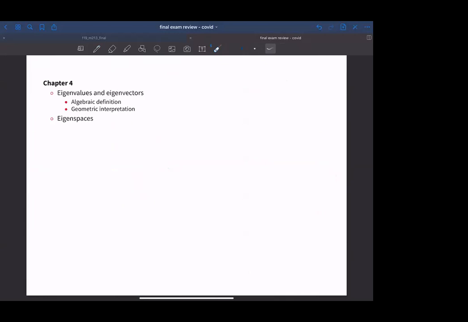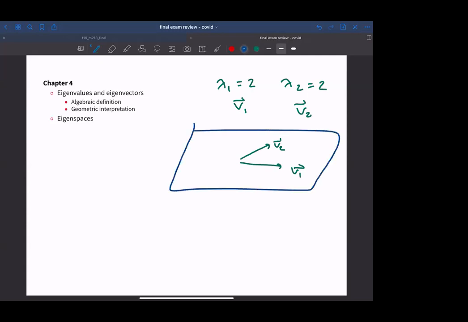All right. Then we talked about eigenspaces. Remember, if you take all the eigenvectors that correspond to an eigenvalue, say you have lambda 1 equals 2, lambda 2 equals 2, and suppose you get a v1 and a v2 for these eigenvalues, and suppose they span a plane.